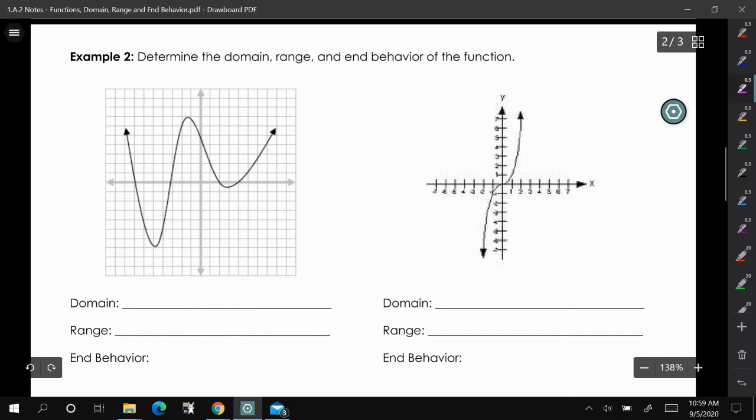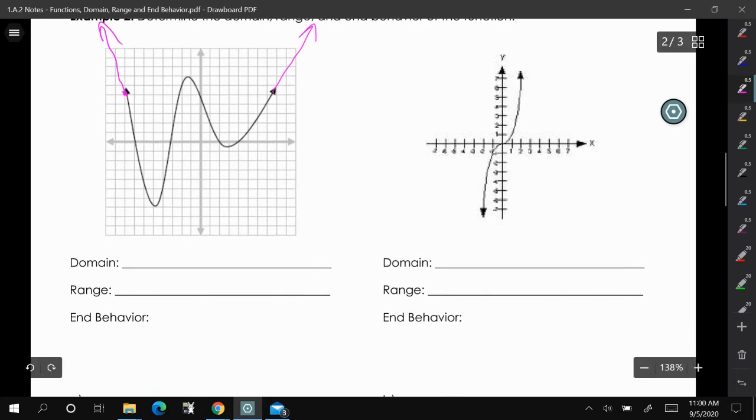So in this example, we're going to determine the domain, range, and end behavior of the function. Now, these arrows, you know, that means these go on forever. That means we will eventually hit all the x values because the function keeps going.